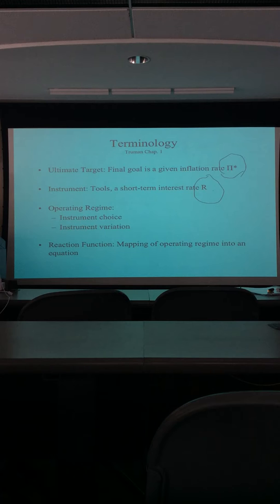Answering these two first questions is central, but not enough, because we need to ask, in particular, what interest rate are we going to use? And second, how large changes are we willing to tolerate in order to attain the target?